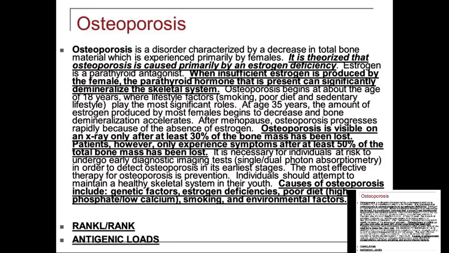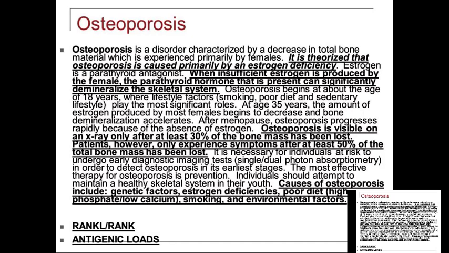So there's another factor involved. What we're starting to see is decreased estrogen in the presence of an antigenic load, which means an upregulated immune system due to something you put in the body that the body doesn't like. That's a really important thing.